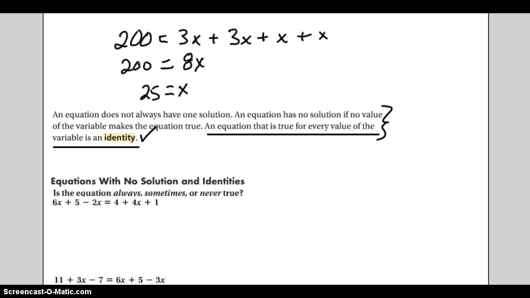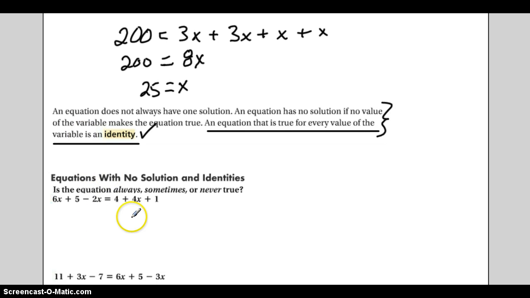Let's take a look at an example here. Let's solve this one and see what happens. Let's combine like terms on this side. And as you can tell, it looks as if the equations are the same on both sides, just there's been a bit of commutative property here.